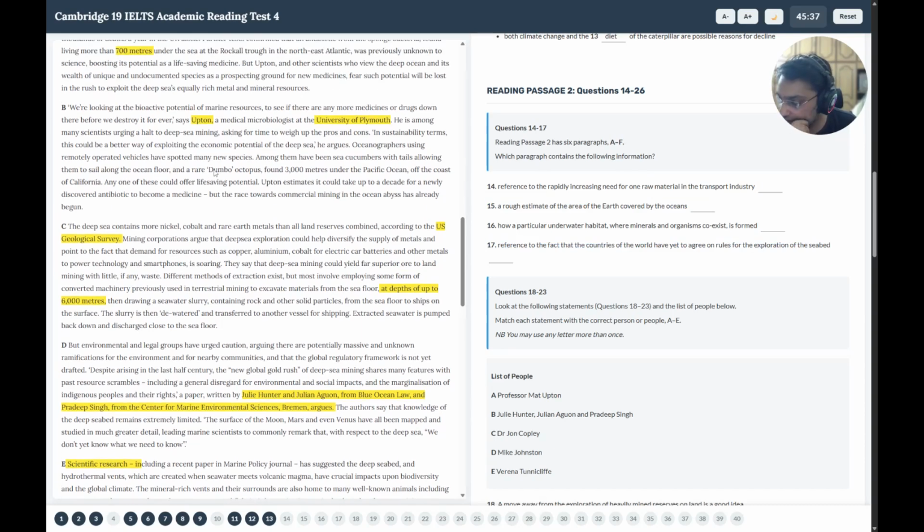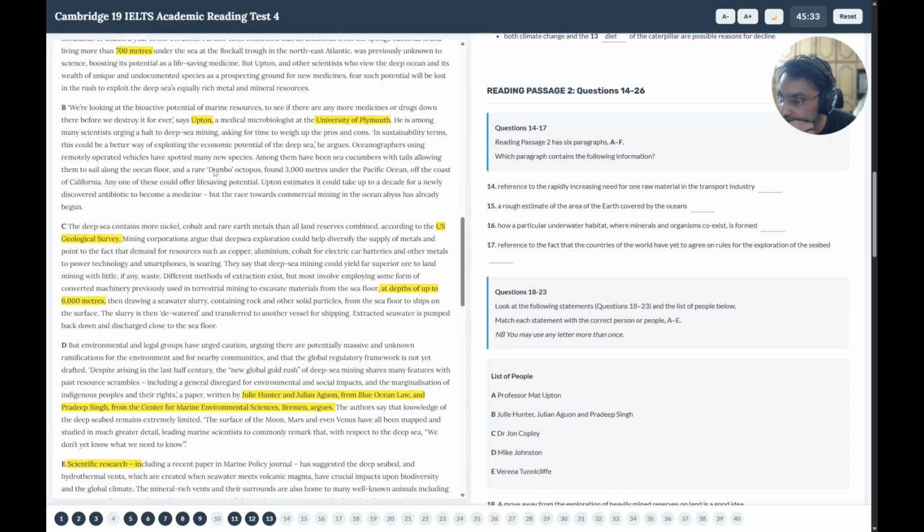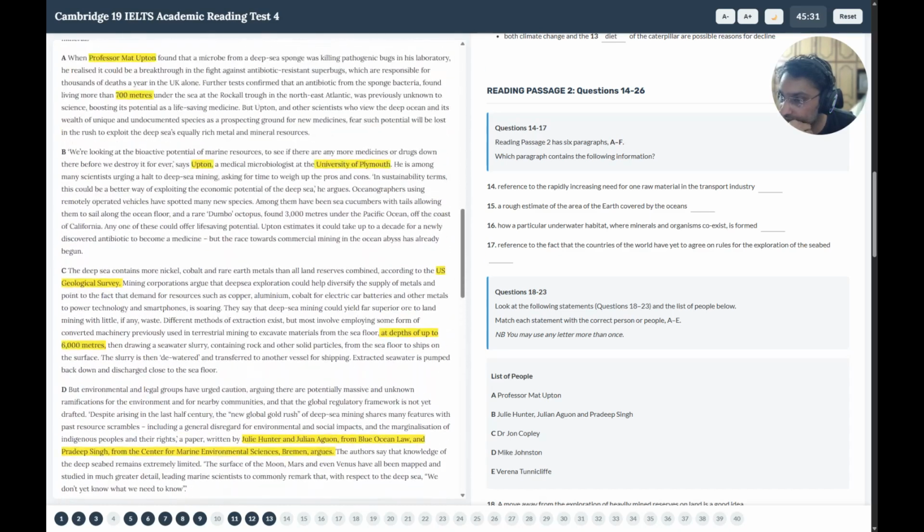Okay, so let's have a look at this. Matt Tipton found that a microbe from a deep sea sponge was killing pathogenic bugs in his laboratory, and it could be a breakthrough in the fight against resistant superbugs, responsible for thousands of deaths a year in the UK alone.